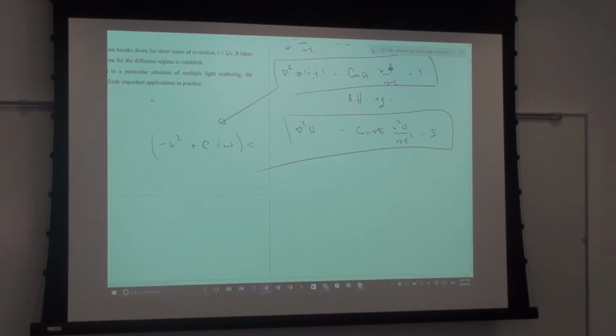This is φ equals S(k, ω). So φ equals S(k, ω) divided by iωc minus k squared.